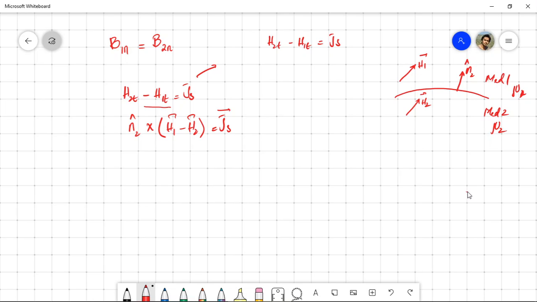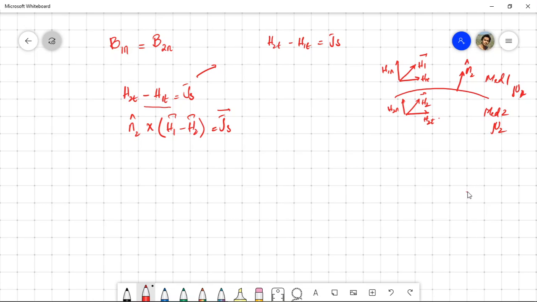Now, this was H1T and this was H1N; similarly, this was H2N and this one was H2T. If we want to express this tangential component in the form of cross products, then we know that the tangential component is going to be the sine component of this H vector.